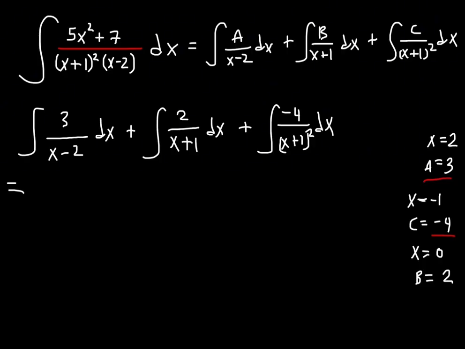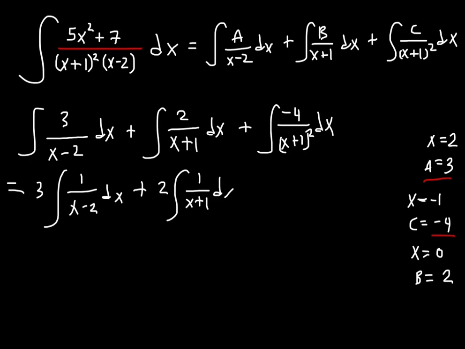This is equal to, so for the first one, this will be 3 times the integral of 1 over x minus 2 dx, plus the second one will be 2 times the integral of 1 over x plus 1 dx, plus, so I'll bring the 4 here.